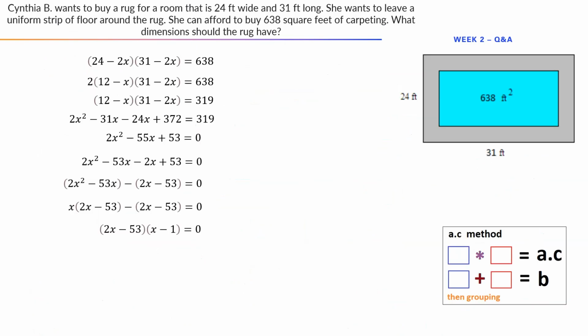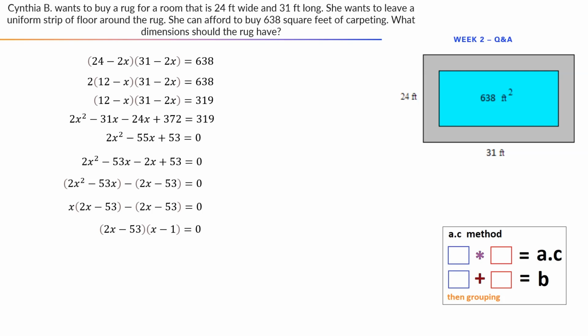All right, here is the question. We have seen a lot in the discussion board, but we will do it one more time. So this is how the room looks, the outline. The blue part is the rug area.